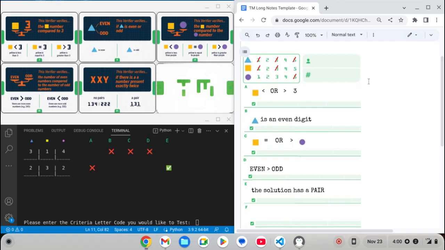I don't know if there are just too many possibilities or not. I guess if triangle were 2, well, no. Oh, man. Square has to be greater or equal. And again, we have to figure out what triangle is, so it has to be paired up. There's just no way around it.